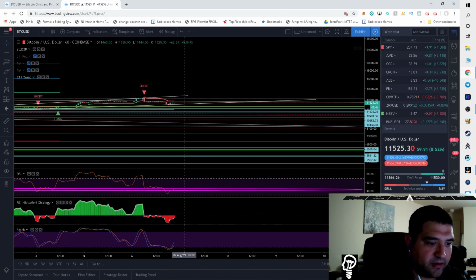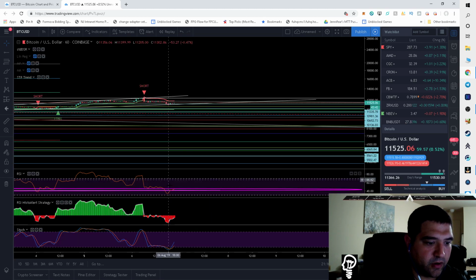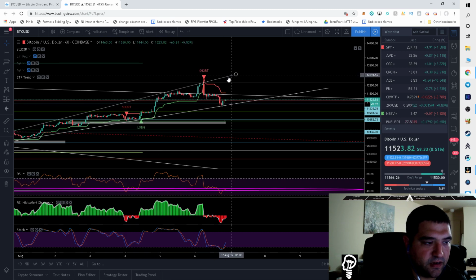Hourly chart, you could argue that the Stokes are pointing upwards right now. We are getting a bounce, which is kind of why we are seeing some price action right now. I'd like to see Bitcoin maybe retest the top of this, or retest this breakdown that we had. That'd be interesting to see.